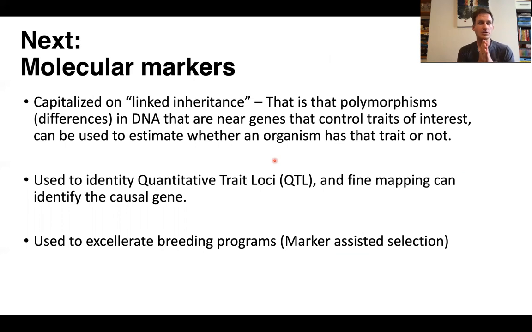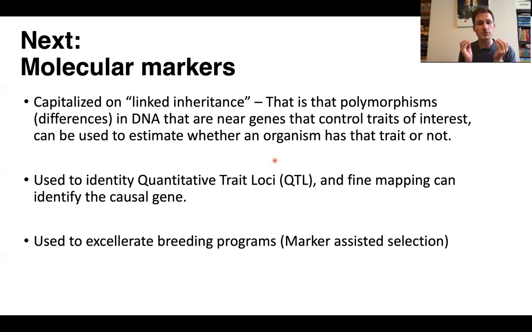DNA is ultimately where these differences are occurring. Sometimes the differences are occurring by environment, so we use other breeding methods, non-molecular methods, to determine that. But assuming that our traits are determined by DNA, then that can move into the realm of molecular genetics, which is what we're discussing right now. Not all traits are molecular. Some are environmentally influenced, which is outside this realm.